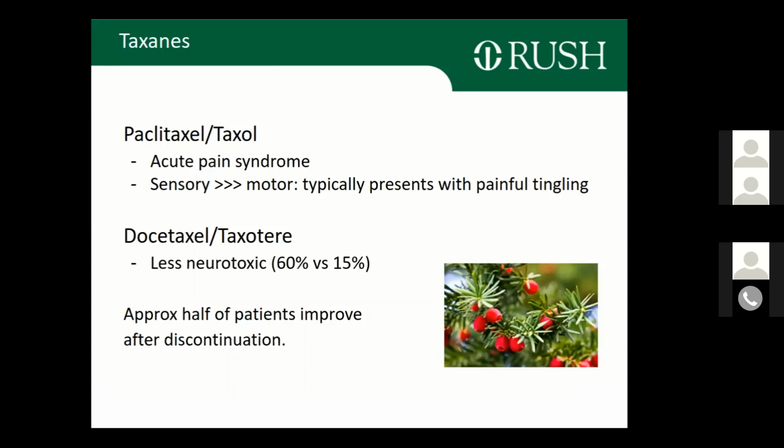The taxane-associated acute pain syndrome can be quite painful, with severe joint and muscle pain, along with numbness and tingling. That starts about 1 to 2 days after the treatment and can last a median of about 4 to 5 days. Initially, this was thought to be due to musculoskeletal side effects, but now more people think that this acute pain syndrome is a neuropathy, a problem with the nerves.